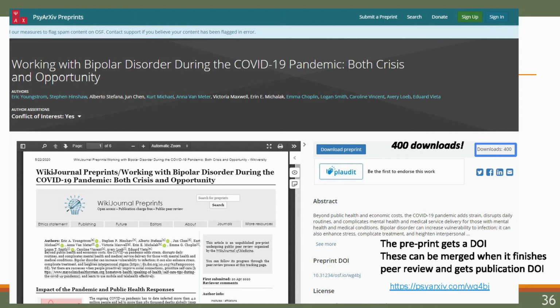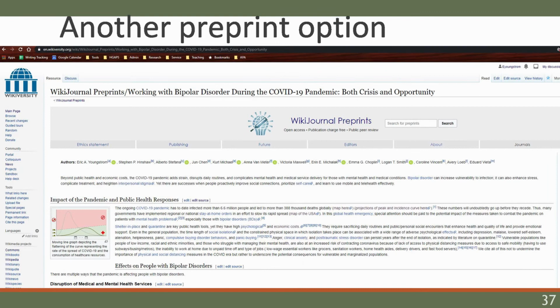If and when this gets accepted, it's going to get a DOI as the official version of the article. And you can merge those two. So the tweets and the downloads and the citations to the preprint version count towards the official overall numbers for the final version.